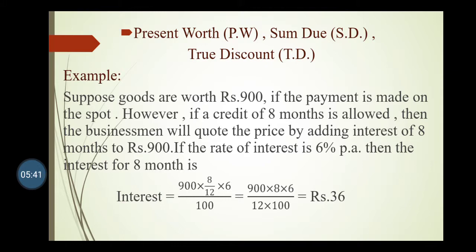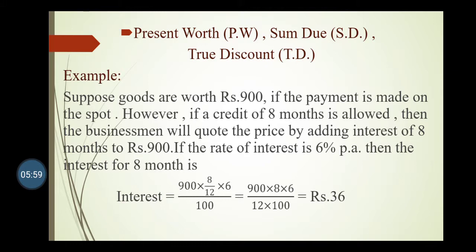Listen, what is given in this example? There are goods worth rupees 900. If I am paying this 900 on the spot, we have to pay just 900, nothing extra.